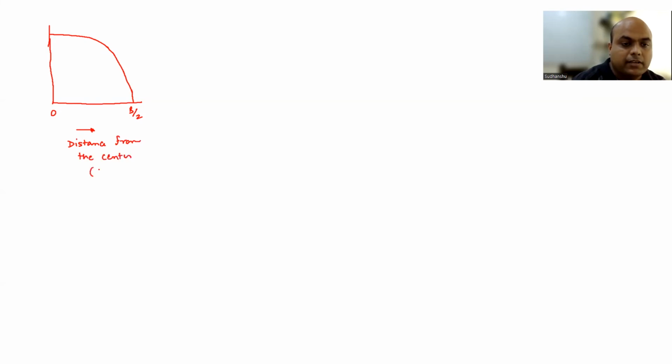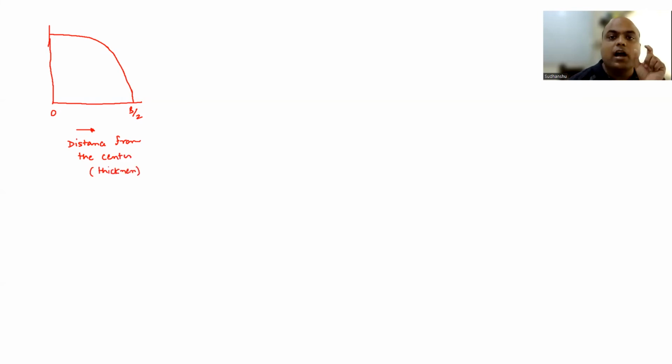Now, if you remember, we had discussed this, that if you have a crack along the thickness, the triaxiality is going to vary, right? And you remember this plot. So if this is b by 2, this is 0. So we are talking about distance from the center along the thickness. Distance from the center.